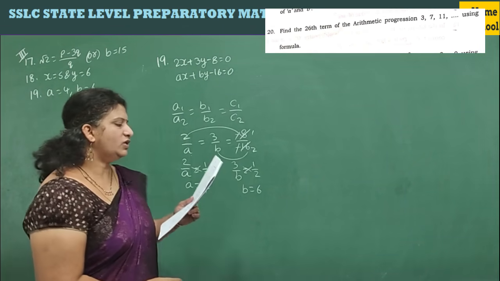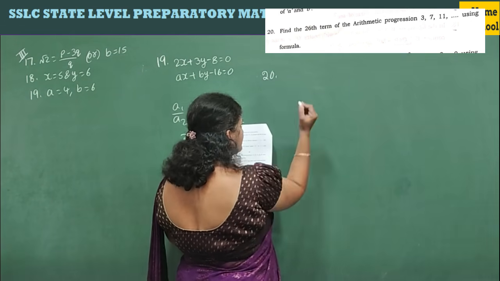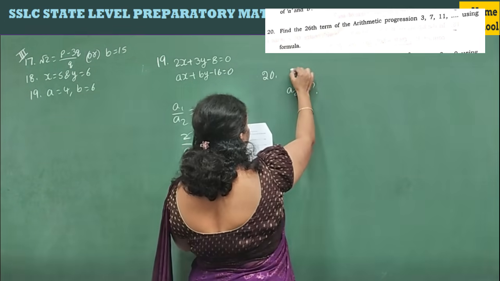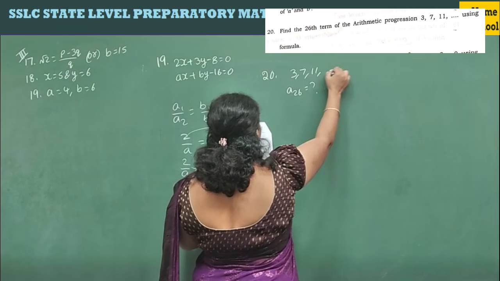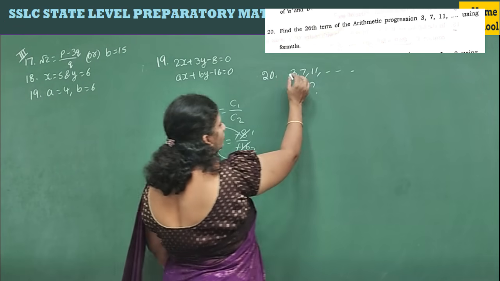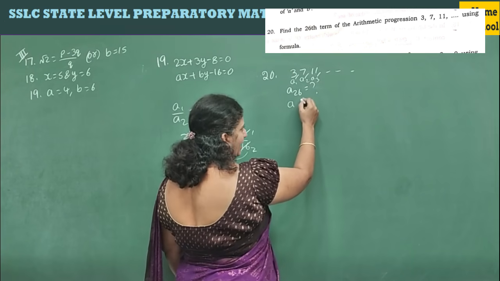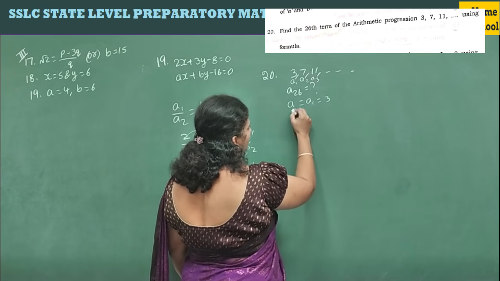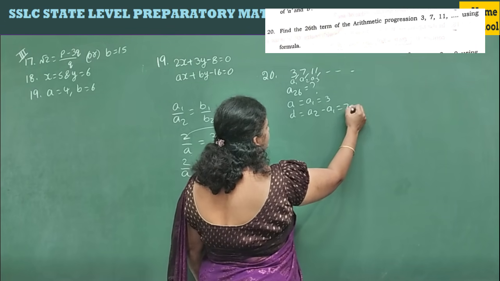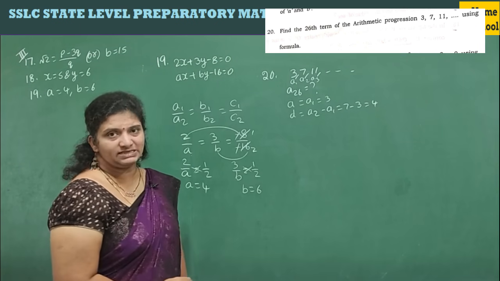20th one, find the 26th term of the arithmetic progression. 26th term means A26 we are going to calculate. Given arithmetic progression 3, 7, 11 and so on, using the formula. Let me mark it as A1, A2, A3. First find a. a is nothing but A1, which is equal to 3, and common difference d is equal to A2 minus A1, that is 7 minus 3 is equal to 4. Which term are we going to find? 26th term.